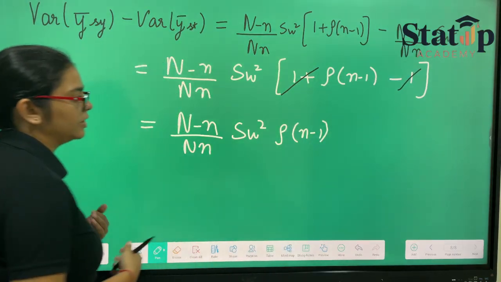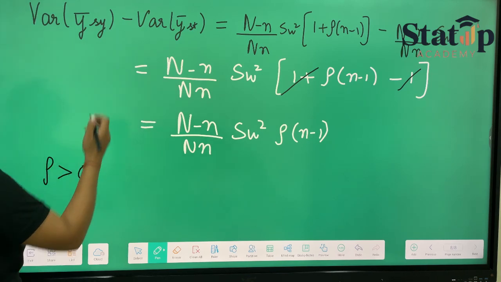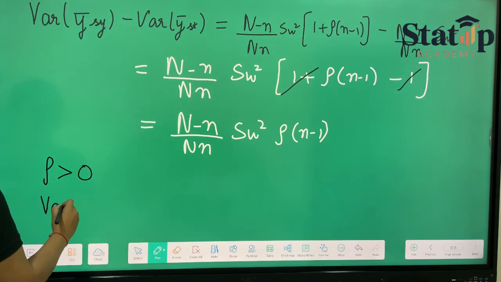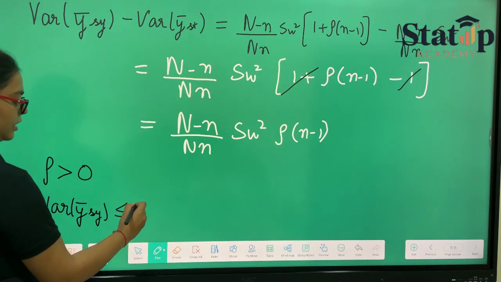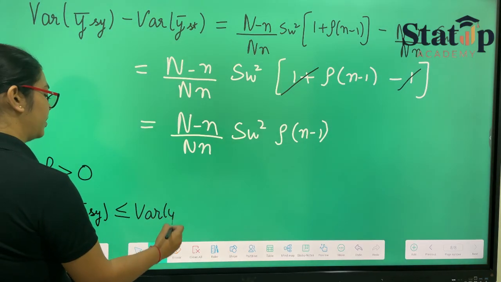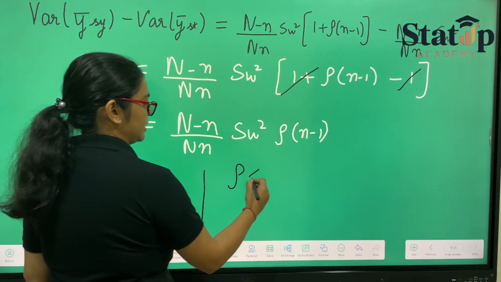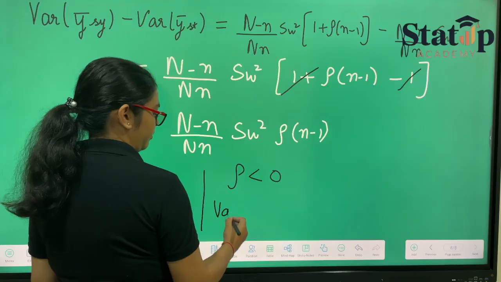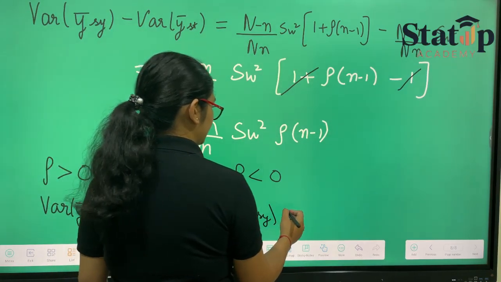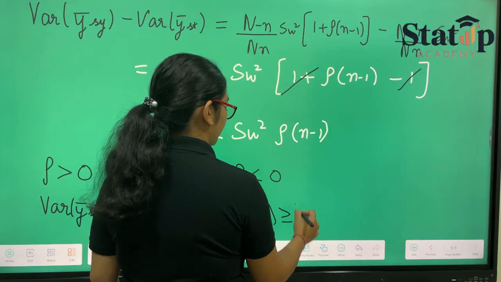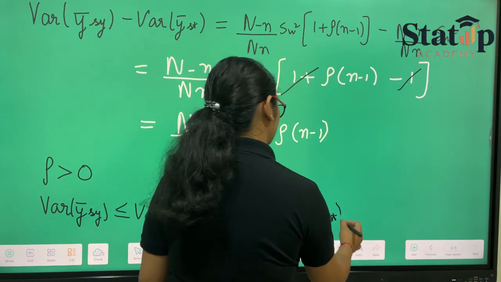Now here also everything depends upon rho. If rho is greater than 0, then again variance of y bar systematic is more efficient than variance of y bar stratified. If rho is less than 0, then variance of y bar systematic is less efficient than variance of y bar stratified.